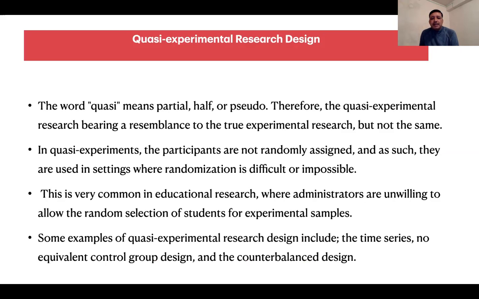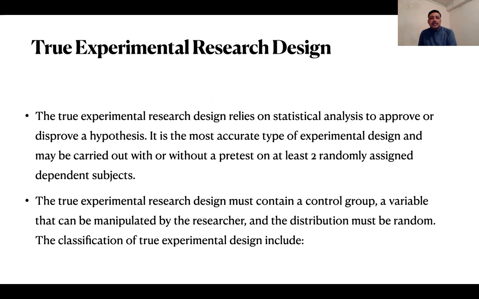This is very common in educational research where administrators are unwilling to allow the random selection of students for experimental research. Some examples of quasi-experimental research design include the time series, non-equivalent control group design, and the counterbalanced design. This is about quasi-experimental research design.